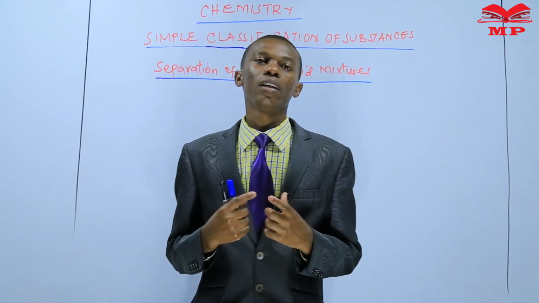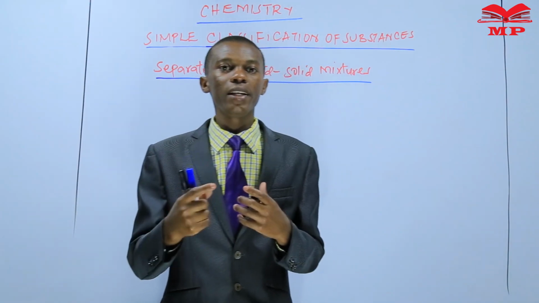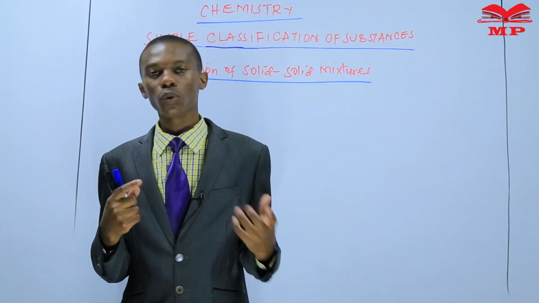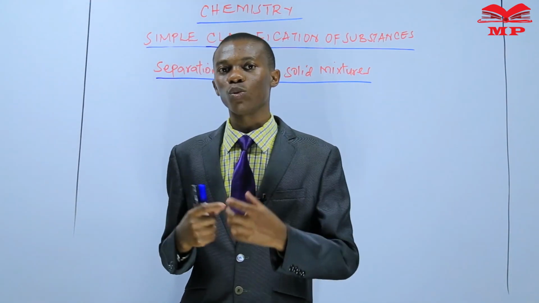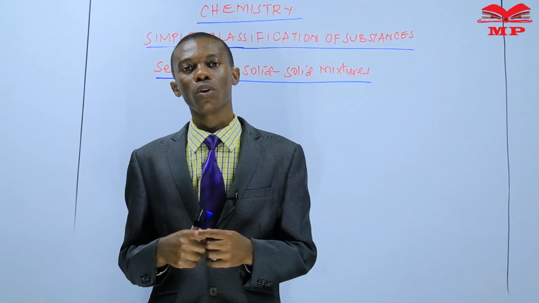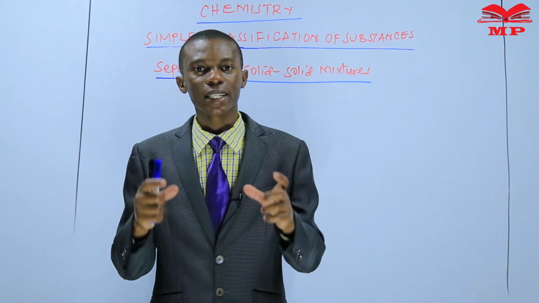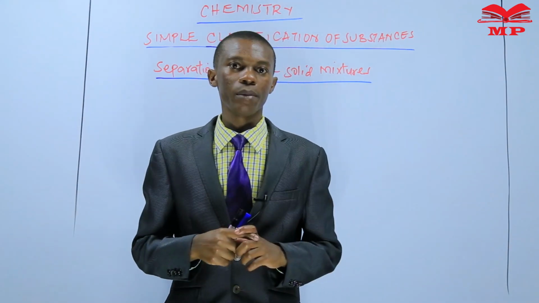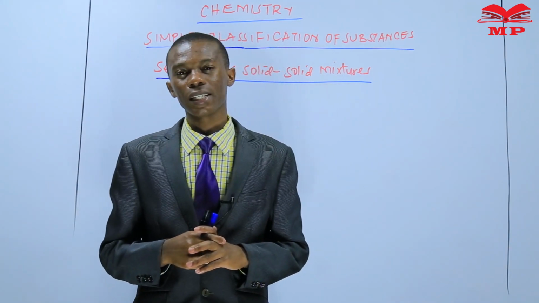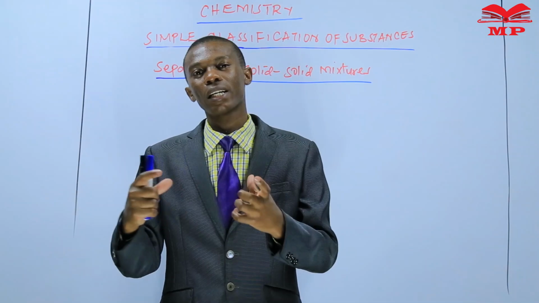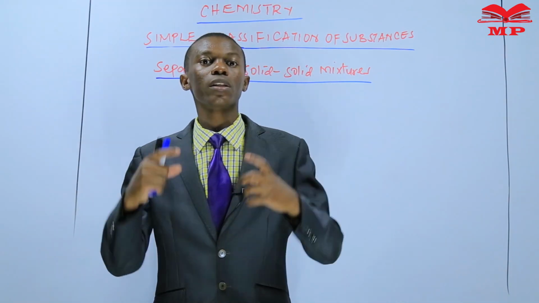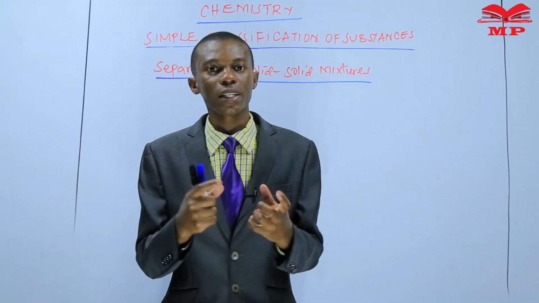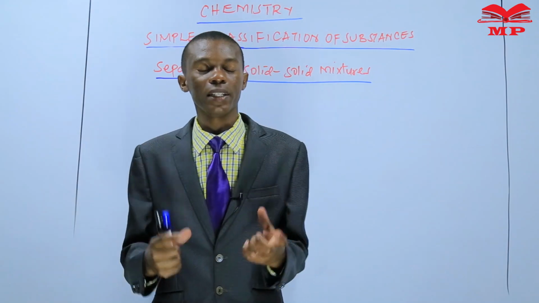For example, if you have maize and beans, you cannot use a magnet to separate the two, because they don't have that characteristic. Use of a magnet requires substances which are magnetic.